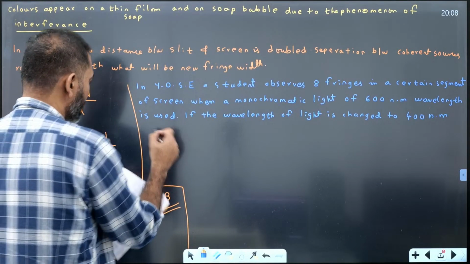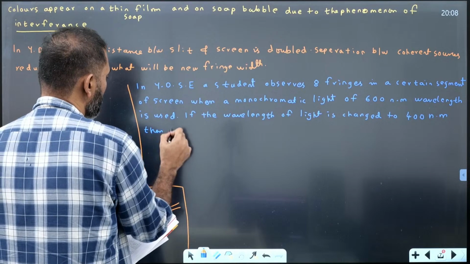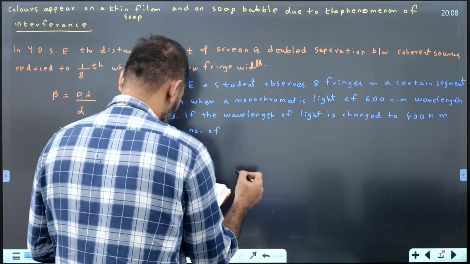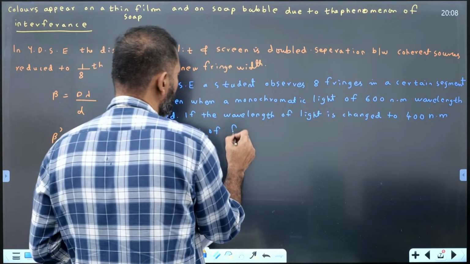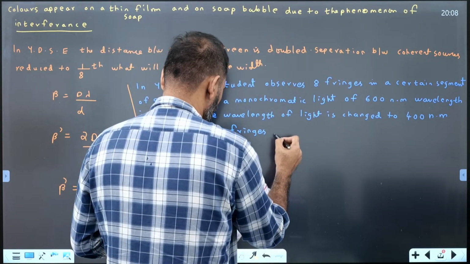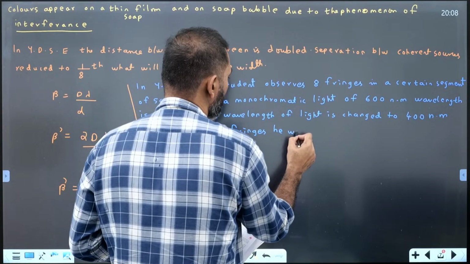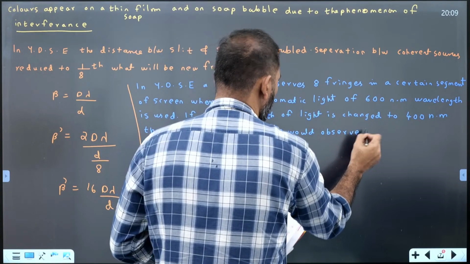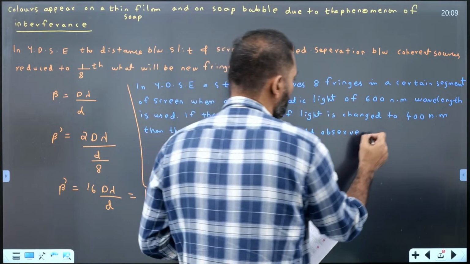Then the number of fringes he would observe will be dash.